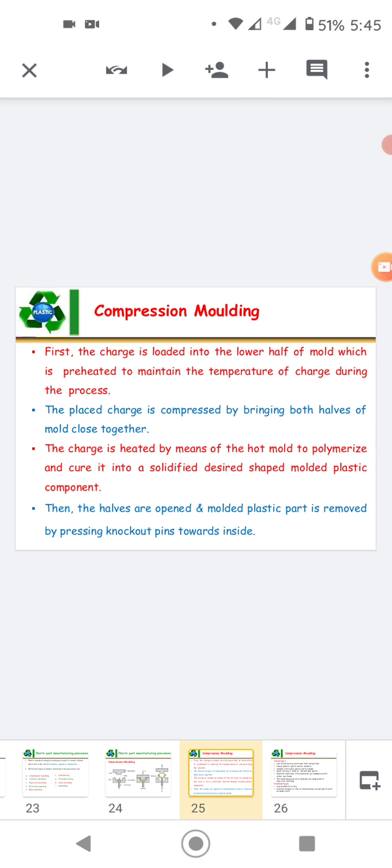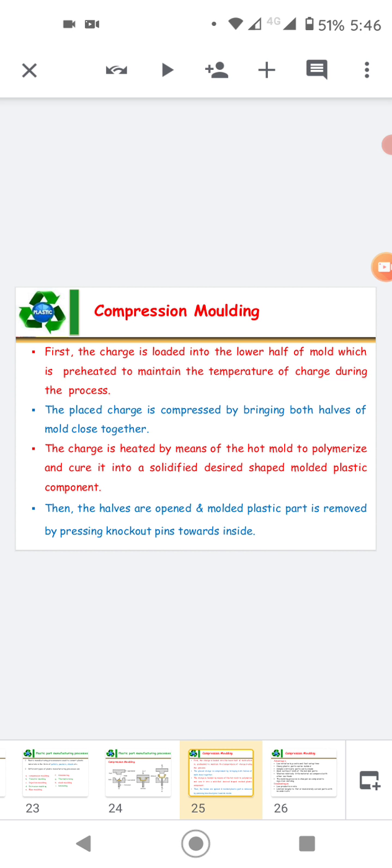Compression molding is generally used for thermosetting plastics. However, it is also applicable to thermoplastic materials. This process involves forcing a measured quantity of plastic material in the form of granules, powder, or free form into the mold.